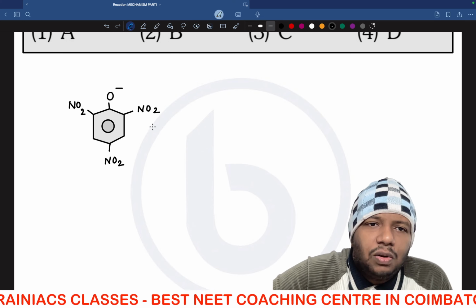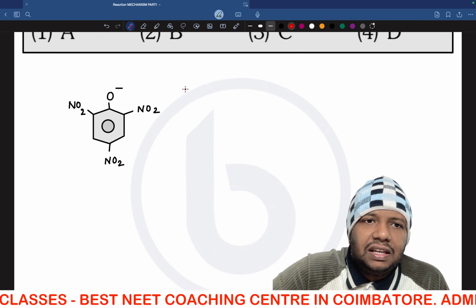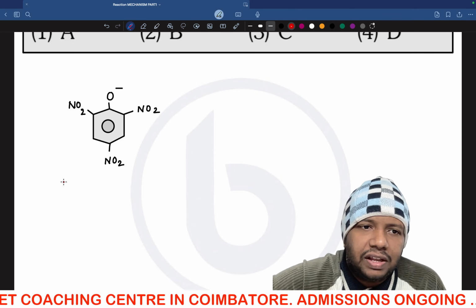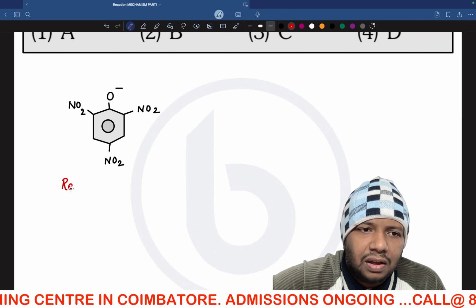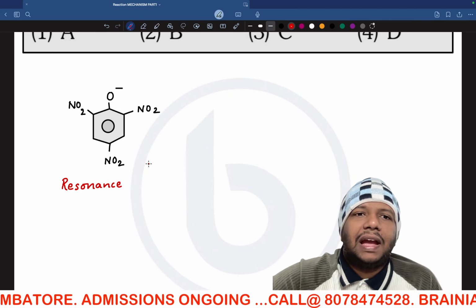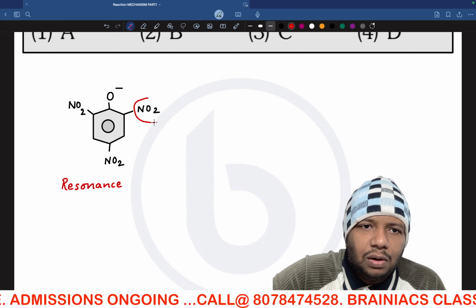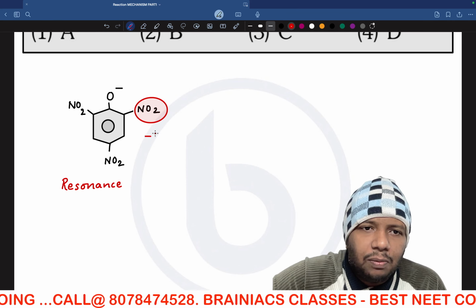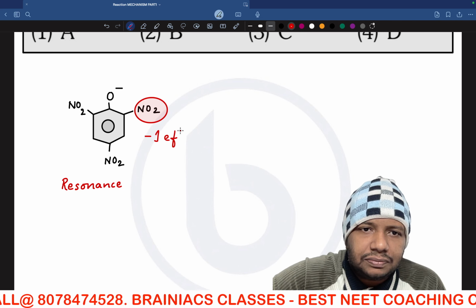We know that here O minus can enter into resonance with the benzene ring. So already I can say resonance will stabilize this structure. And also the NO2 group connected here has a minus I effect.